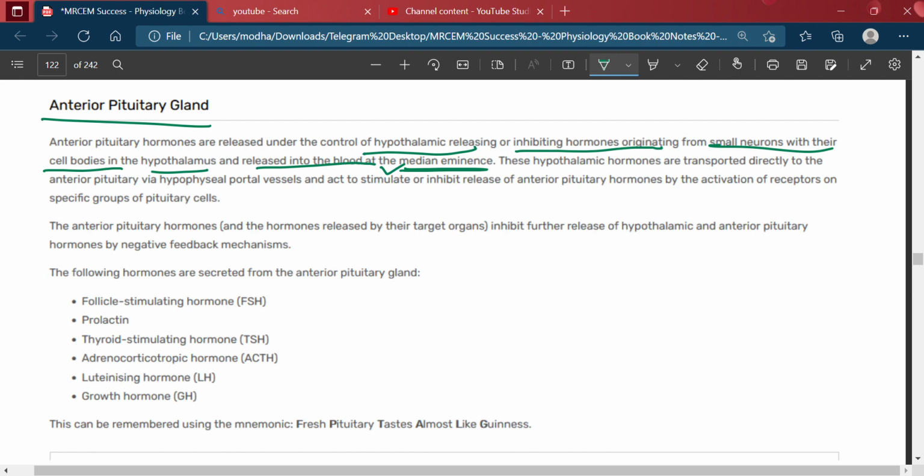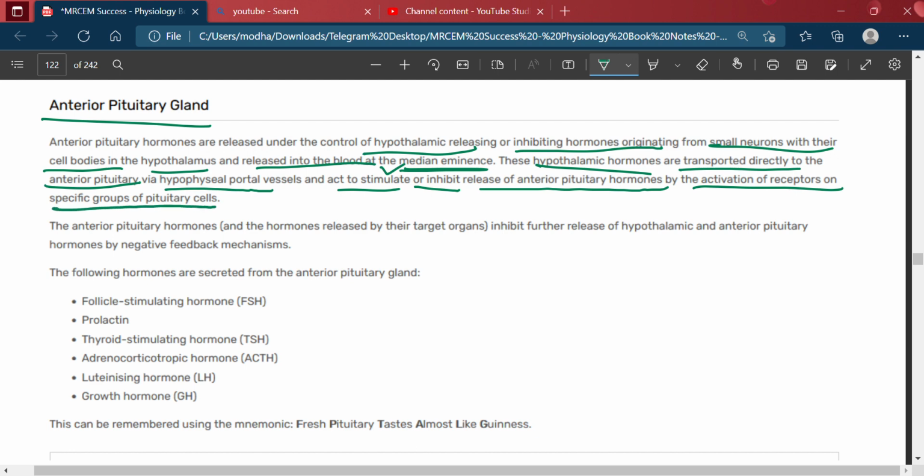These hypothalamic hormones are transported directly to the anterior pituitary via the hypophyseal portal vessels and act to stimulate or inhibit the release of anterior pituitary hormones by activation of receptors on specific groups of pituitary cells.